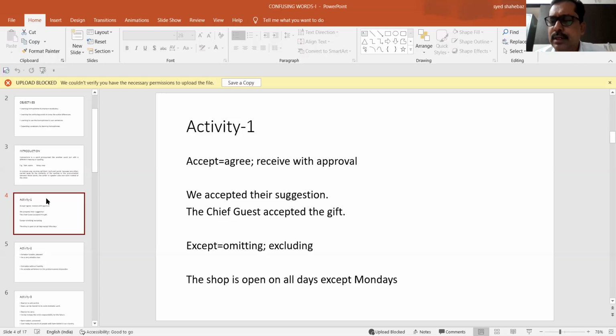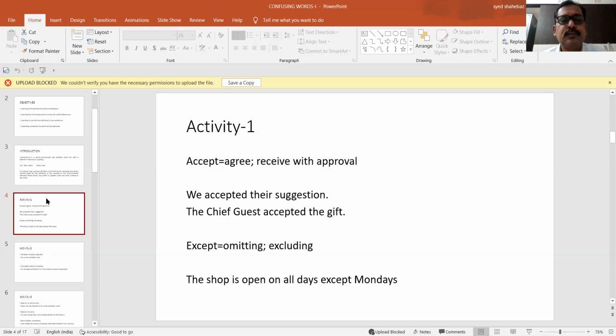If we know the difference, we can avoid confusion. We can avoid using them in the wrong context so that we can avoid embarrassing situations.